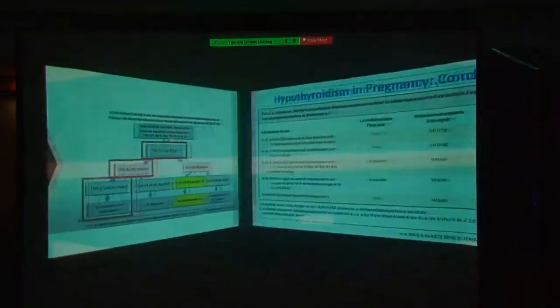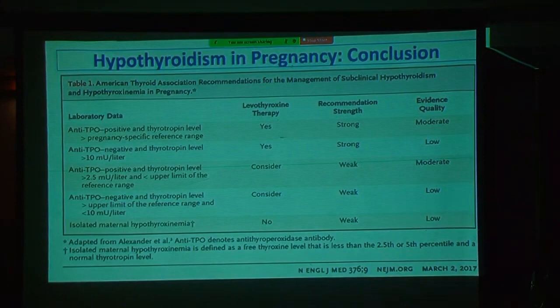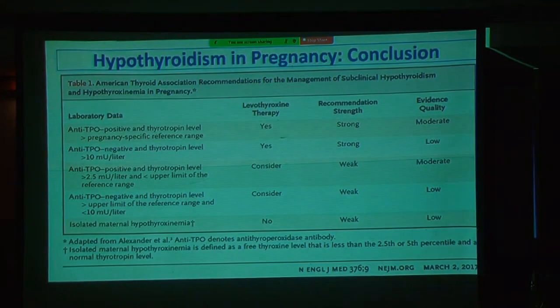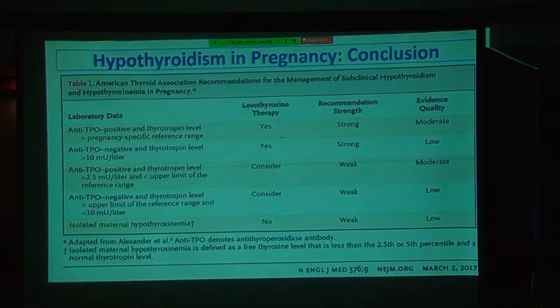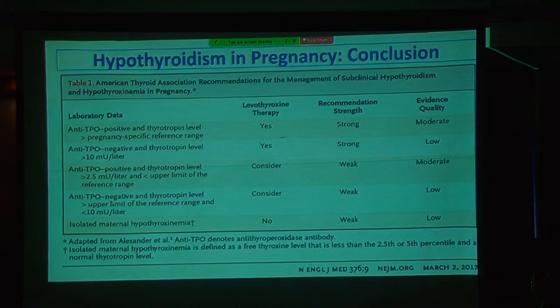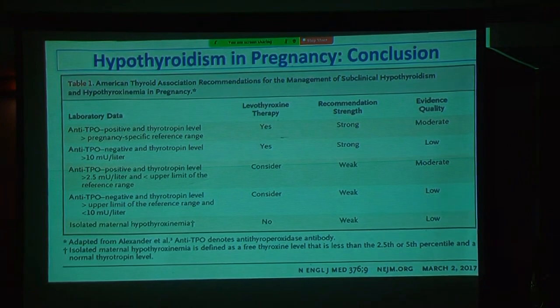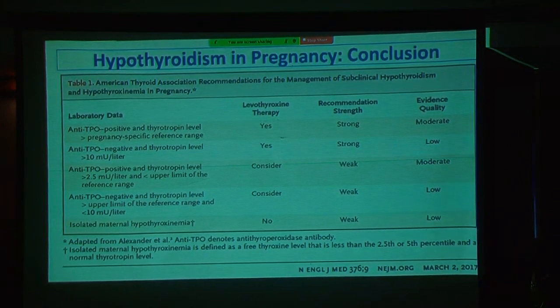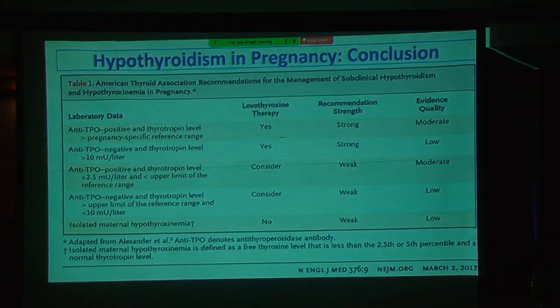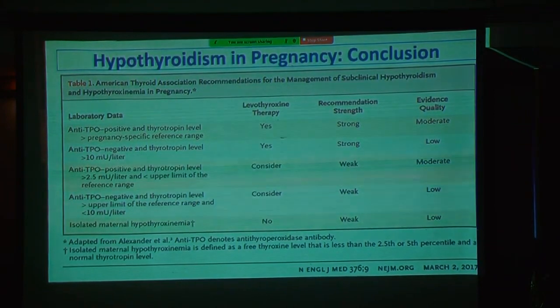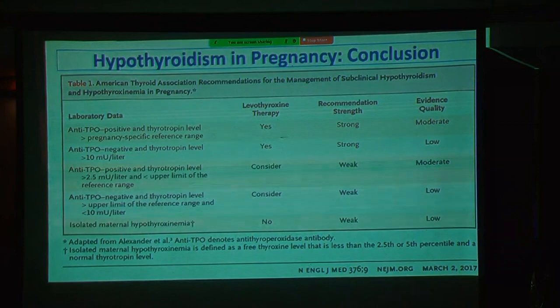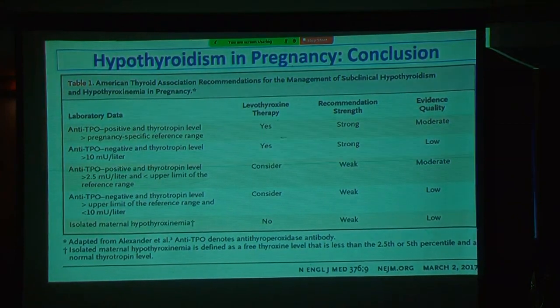So, concluding the talk, this is a very, very important topic as far as physicians are concerned. I have mentioned what target to take, and the Indian guidelines say that for anybody who comes to you in the first trimester, you do a TSH value, and keep it below 2.5.